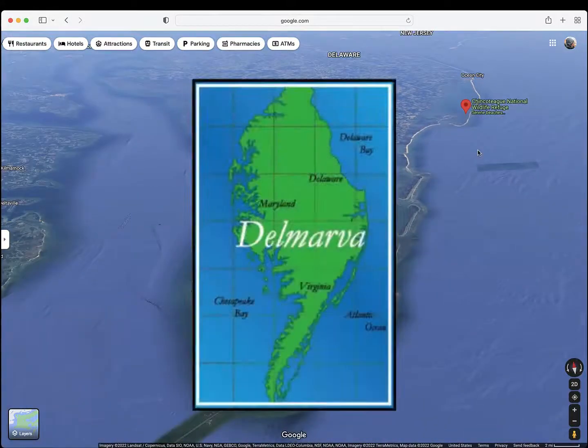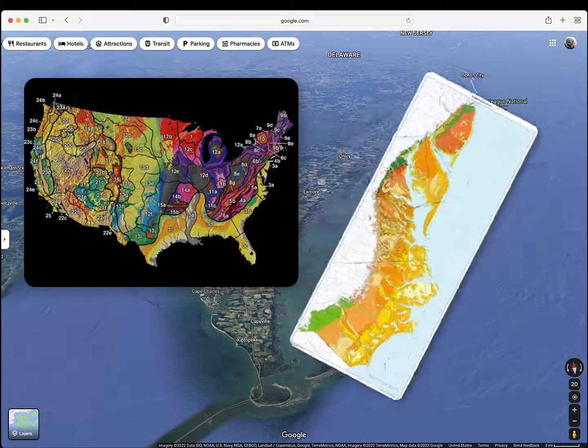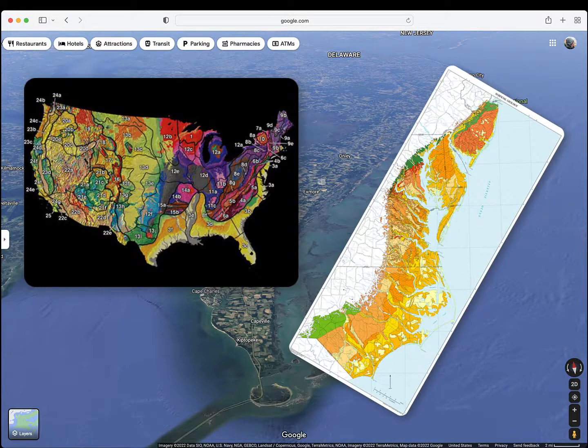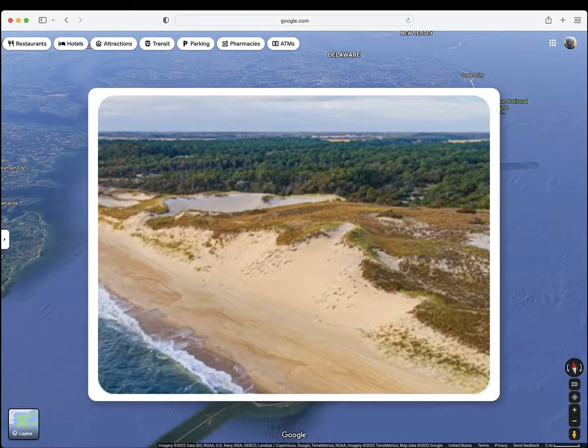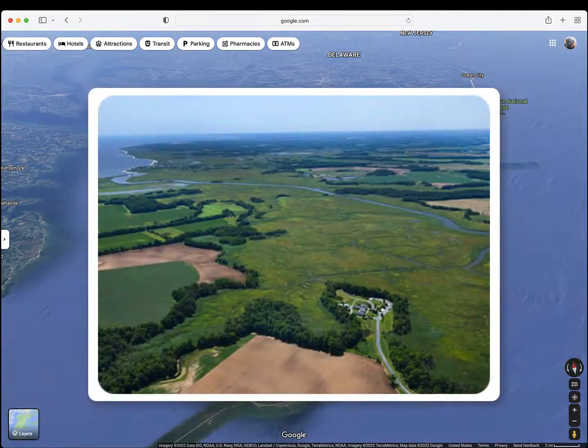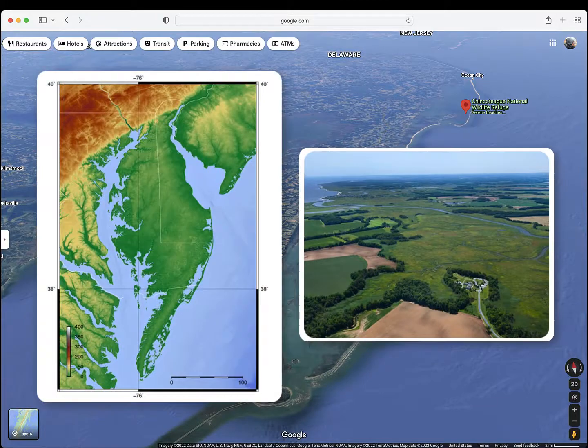The entire Delmarva Peninsula is part of the Atlantic Coastal Plain province. Underlain mostly by soft, sandy Quaternary sediment, it forms a relatively flat, low-relief area with the highest point only about 100 feet above sea level.